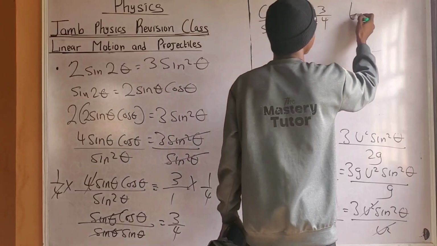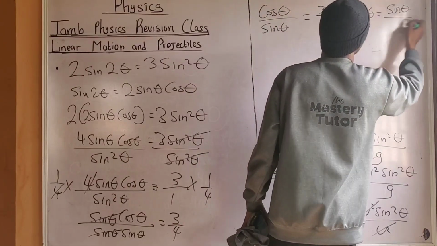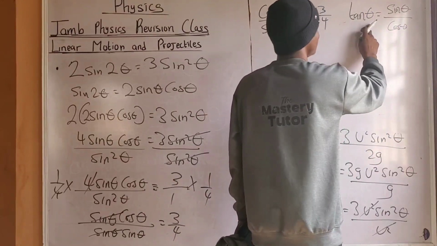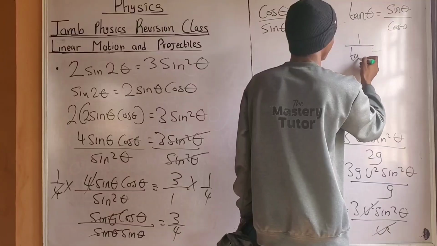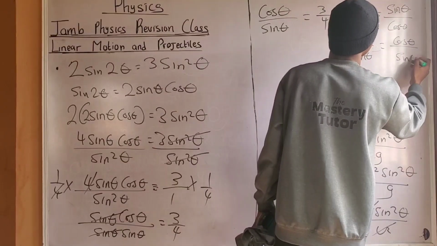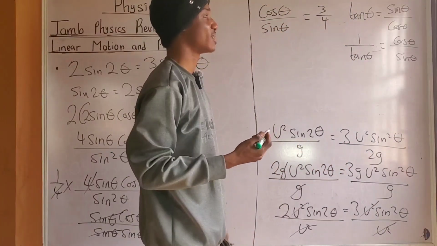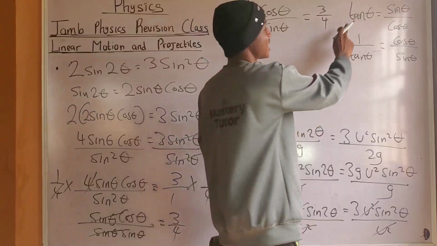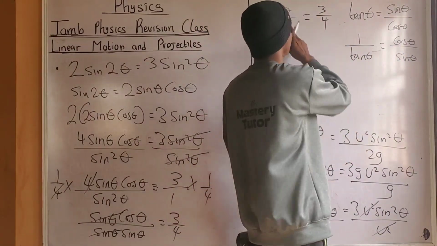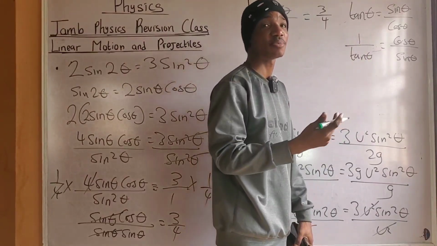Now, don't forget that tan theta is equal to sine theta over cos theta. That means the inverse, 1 over tan theta, will be equal to cos theta all over sine theta. Inverse simply means the reciprocal.